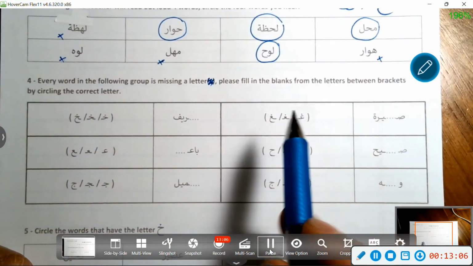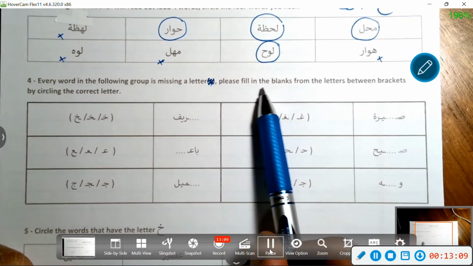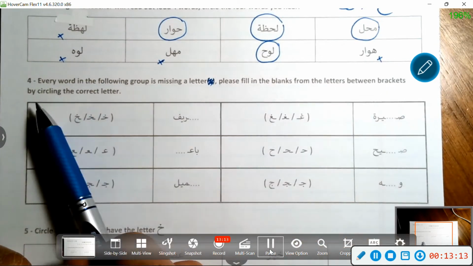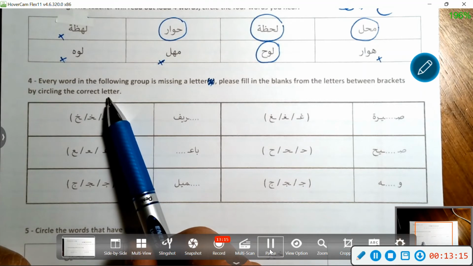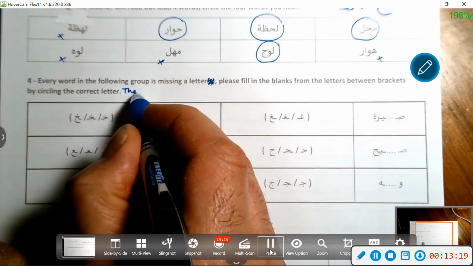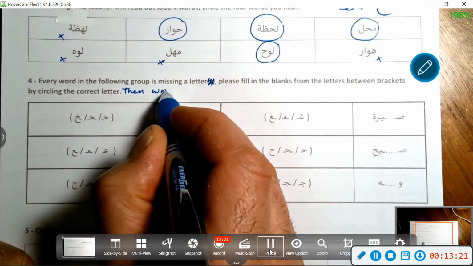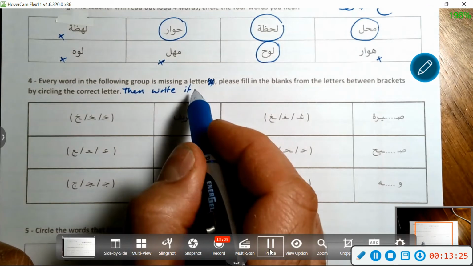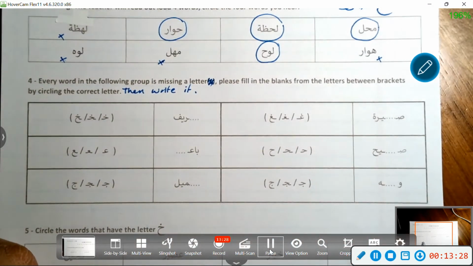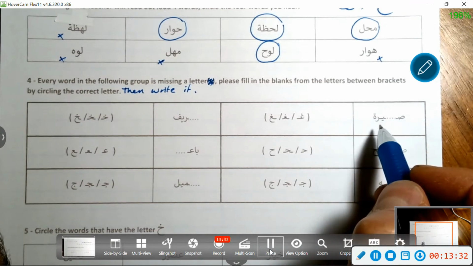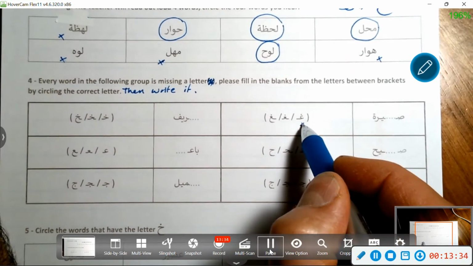Please fill in the blanks from the letters between brackets by circling the correct letter. Then write it. So, ساء صغيرة، طبعا الغين هذه في أول الكلمة وهذه في آخر الكلمة، سنختار هذه.